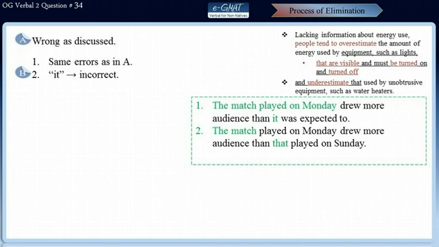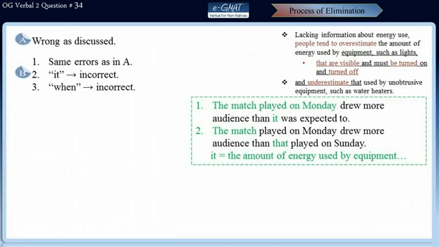Here that denotes the match that was played on Sunday. Similarly, it in this sentence stands for the amount of energy used by equipment that are visible or the visible equipment. So using it in this choice makes the entire sentence illogical. So use of it is not correct.